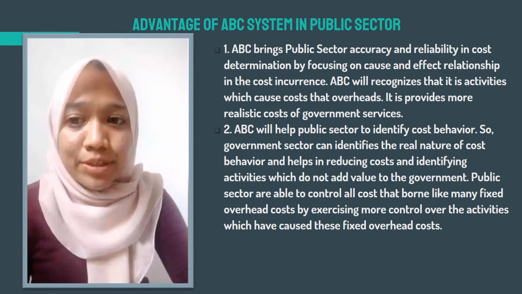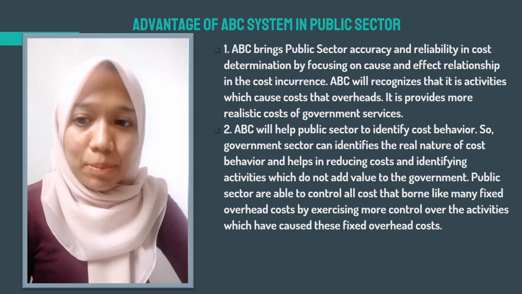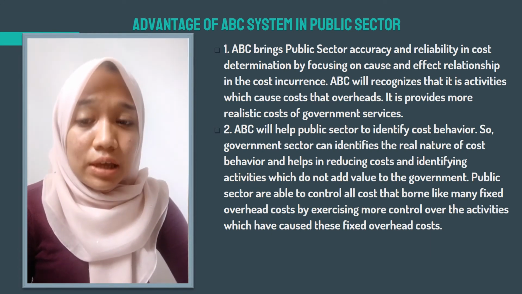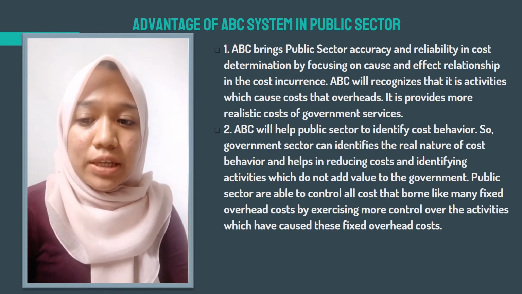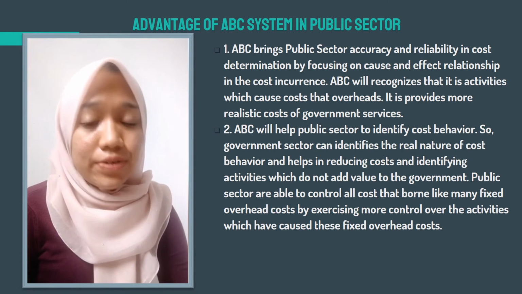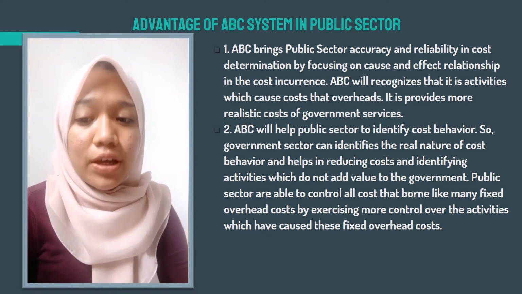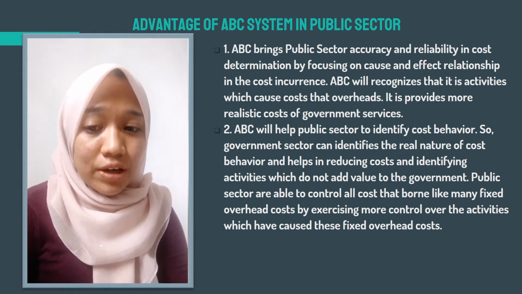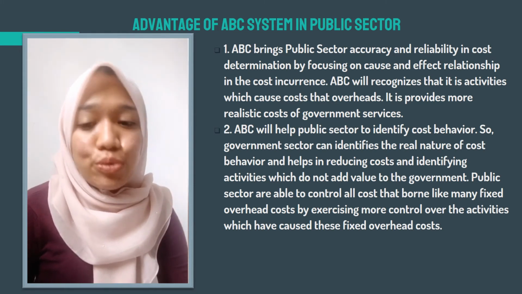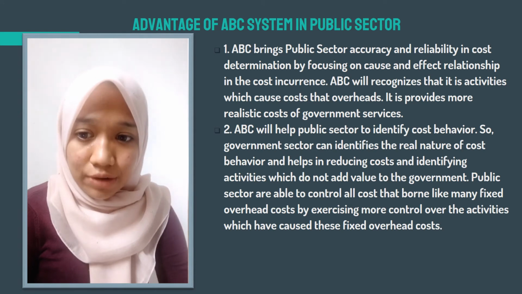The second point is the ABC system will help the public sector to identify cost behavior. So the government sector can identify the real nature of cost behavior, which helps in reducing cost and also identifying activities which do not add value to the government.